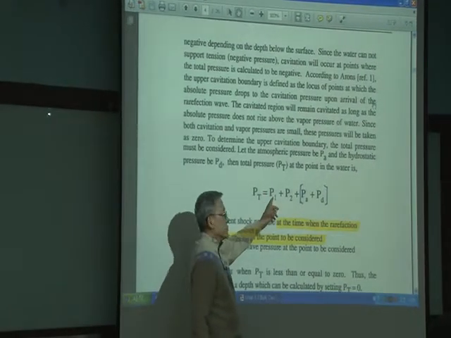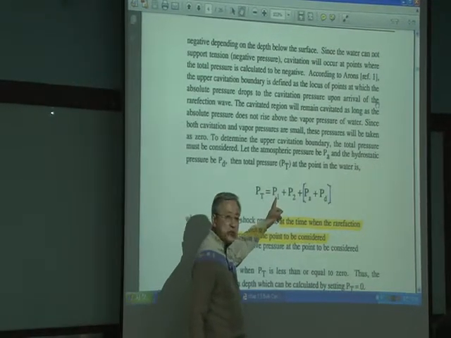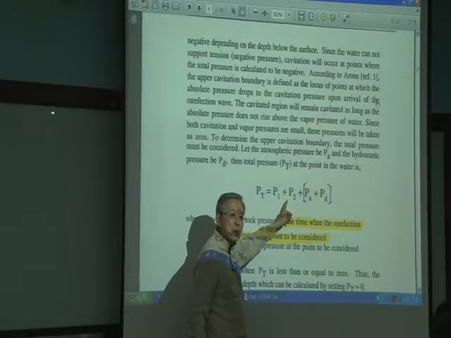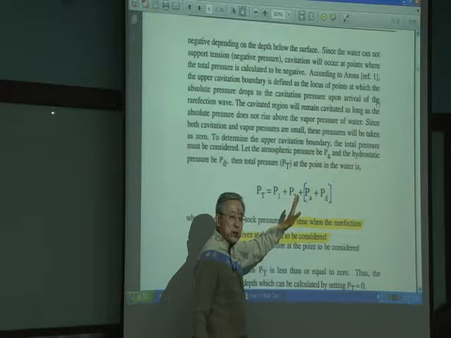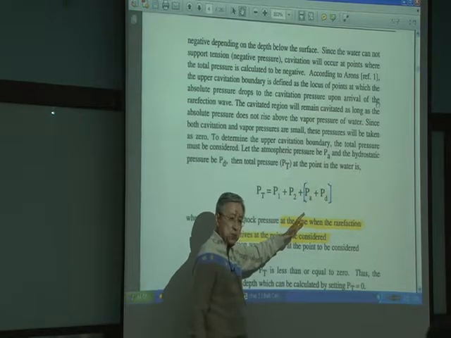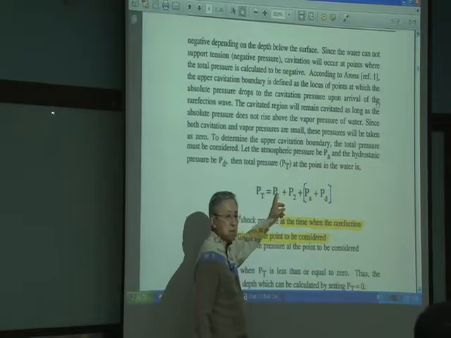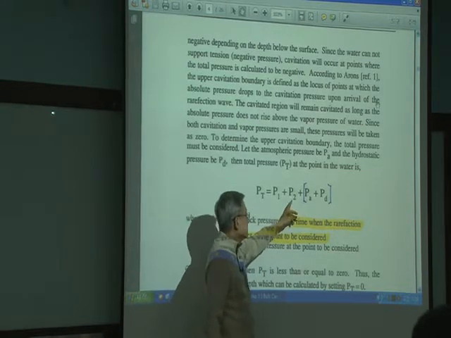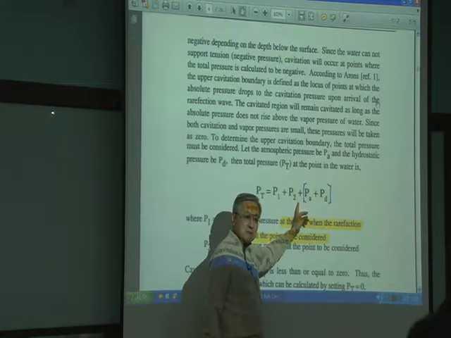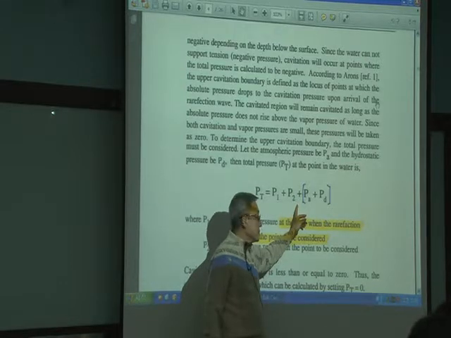So P1 is the incident shock wave pressure at the point the rarefaction wave hits the target. This, not the Pmax. P2, what could the P2 be? This is Pmax for the rarefaction wave.